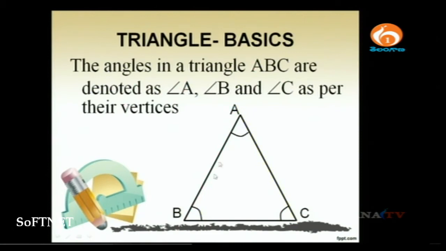And in the figure, this is called angle A, this is called angle B, and the remaining one is angle C, and this angle is represented as angle A like this. Similarly, this angle can be represented as angle B like this.